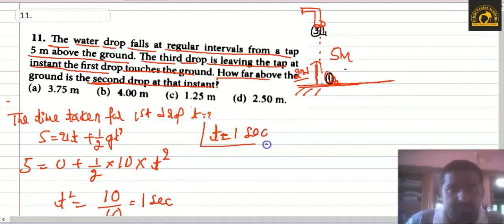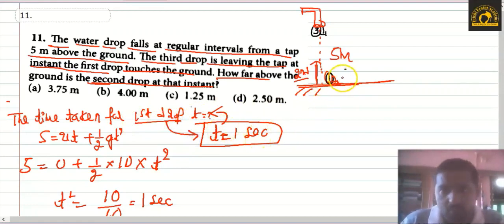So the time is equal to 1 second. Okay, so what is the time taken for the single drop? The first drop time is equal to 1 second, so in 1 second it reaches the ground.